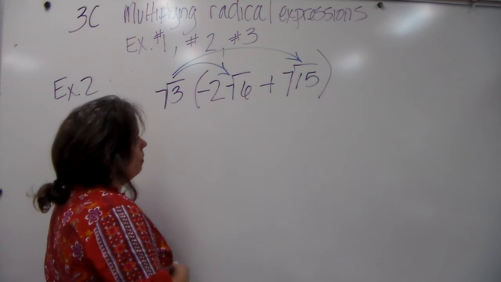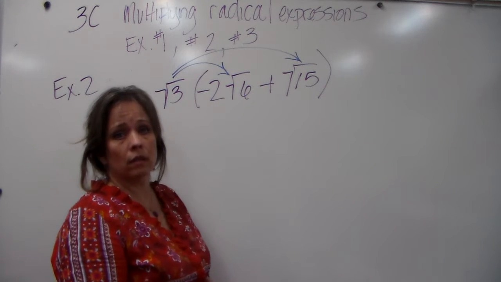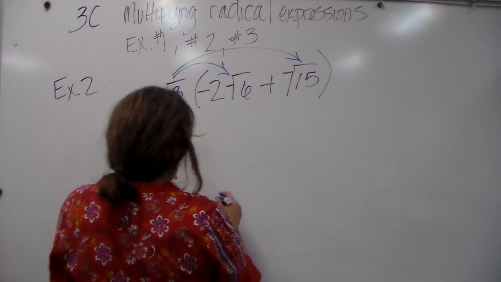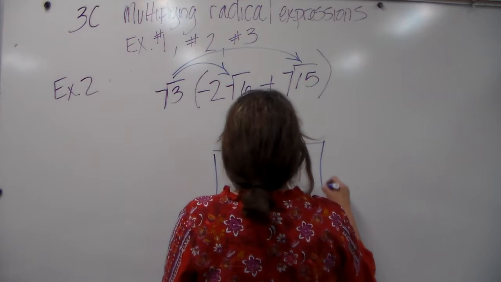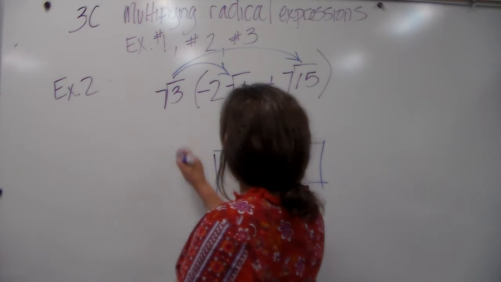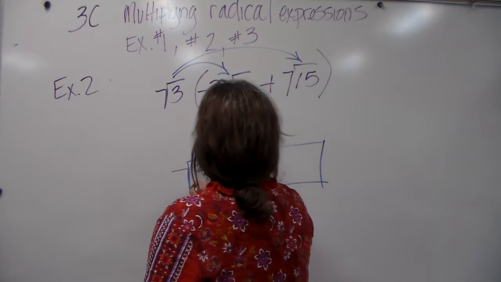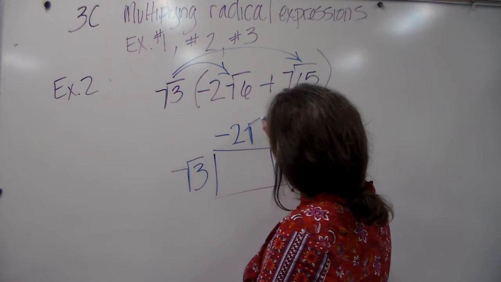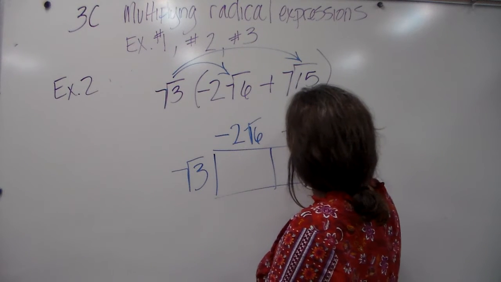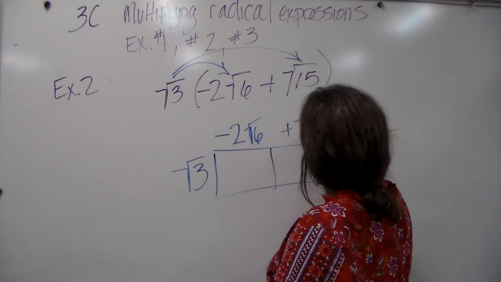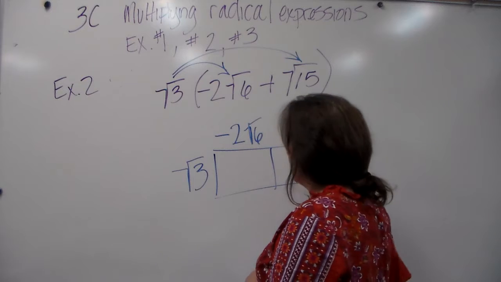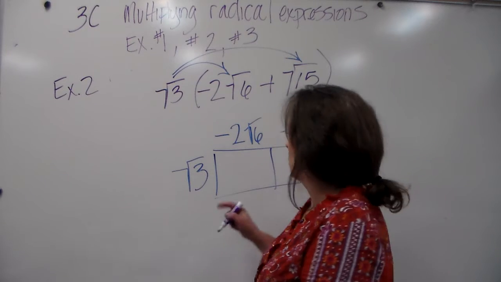We could also make a box, okay? So we can make a 1 by 2 box, and that would look like this. So our term on the outside would go here, and our terms would go up top here, and we'll multiply those terms just like we did with polynomials.